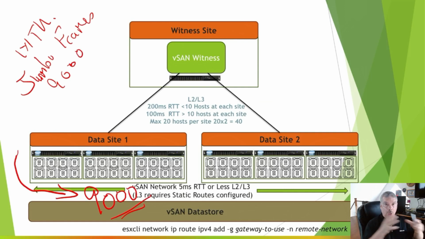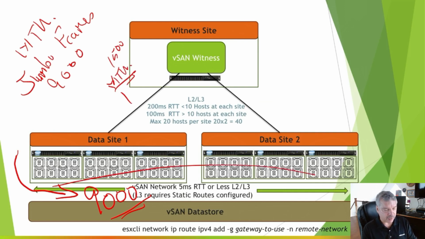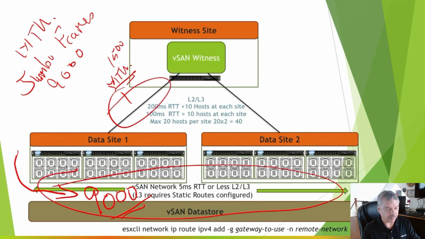This way we can move larger frames across the network, more data across the network faster, right? Now the MTU here does not have to support jumbo frames. You can still have a 1,500. So I could have jumbo frames down here in the vSAN network and just regular frames up here, which is cool, which is kind of nice. Okay.